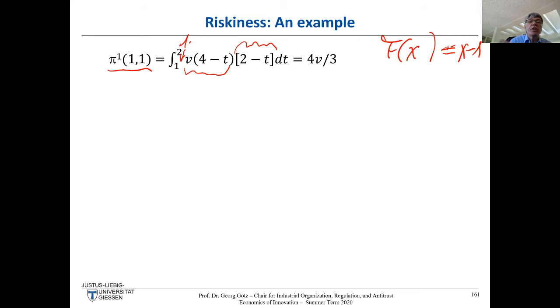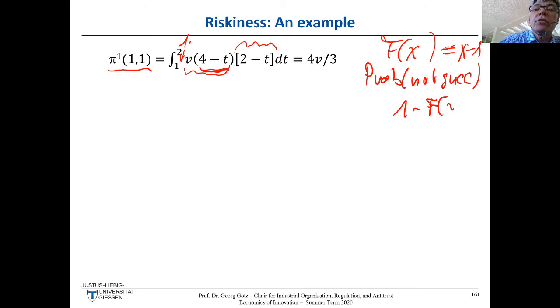And of course we are interested here in a situation in which I earn this profit, and I only earn this profit if my rival is not successful, and the probability of not being successful would be just 1 minus F(x). Okay?